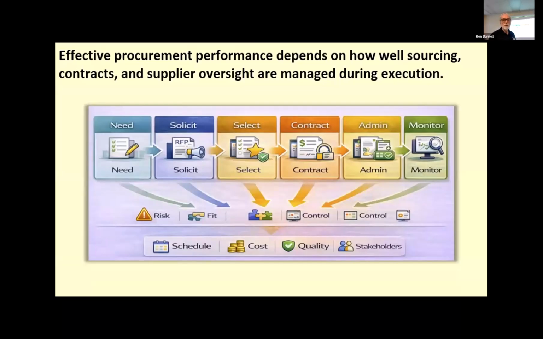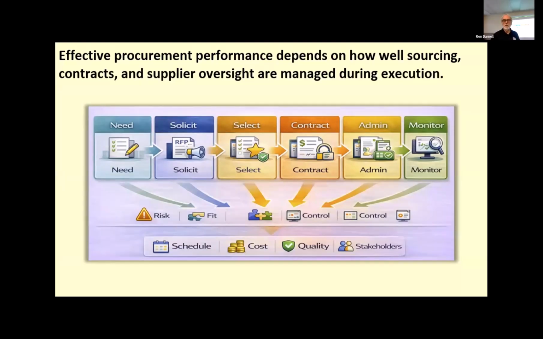Procurement performance depends on structured sourcing, sound contracts, and active execution oversight. Effective procurement performance depends on how well sourcing, contracts, and supplier engagement are managed throughout execution. Before we turn to the cost management part of this, it's helpful to take a step back and summarize what procurement means in the broader context of project performance.